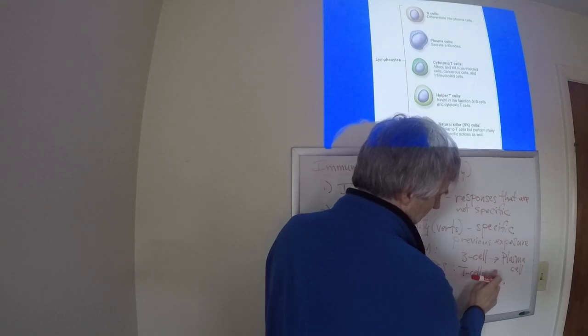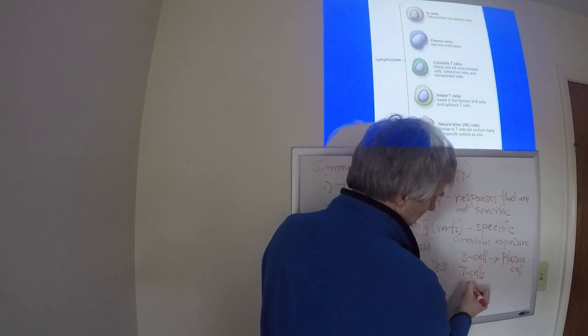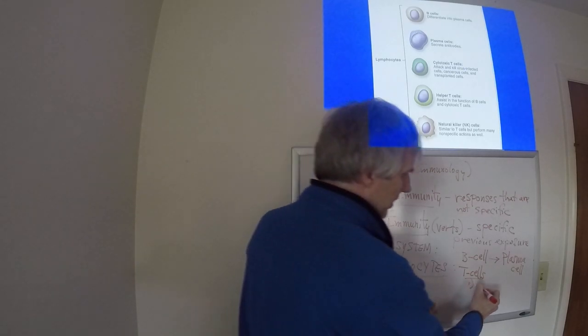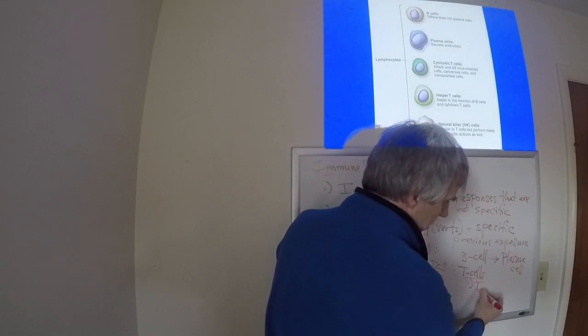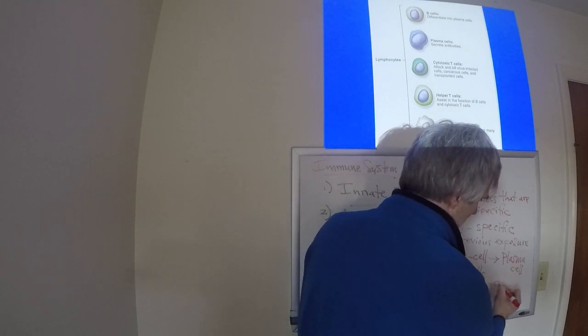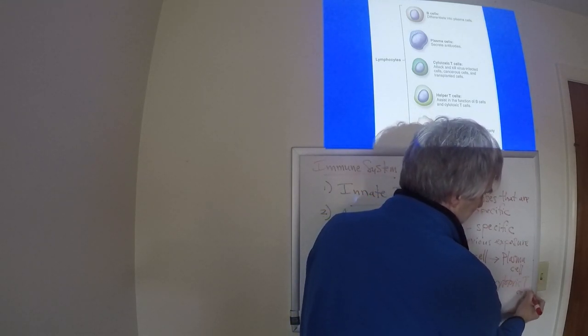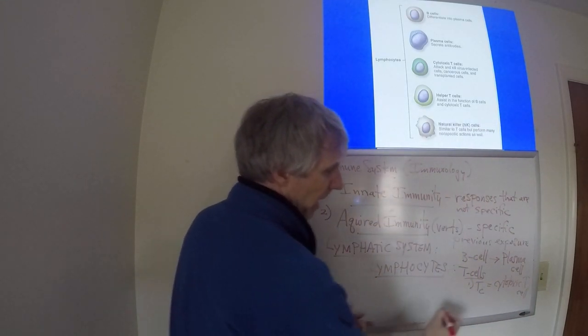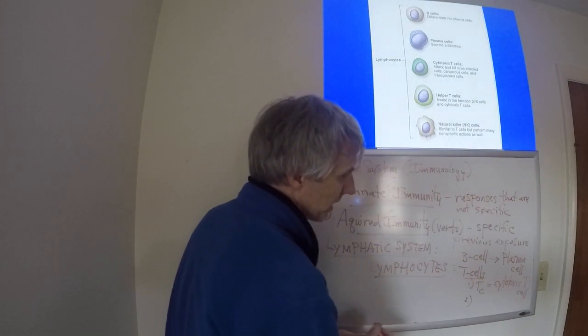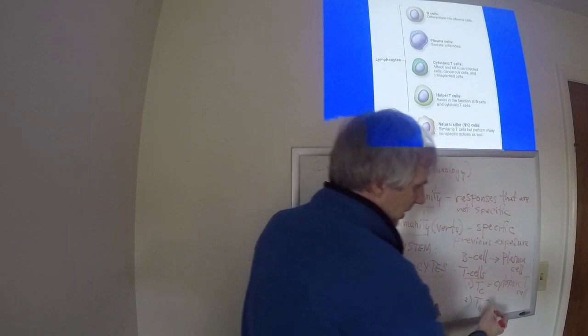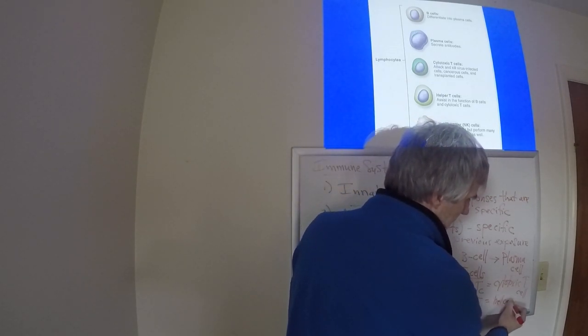The first type is called a cytotoxic T cell. And then the second type of T cell we have here is a TH cell. This is a helper T cell.